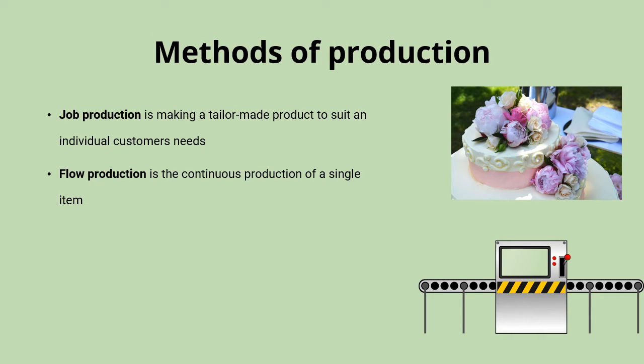They might also use flow production, which is the other end of the spectrum in terms of how individualized the product is going to be. With flow production, you're doing continuous production of pretty much a single standardized item. Maybe simple supermarket ready meals, or very standard models of car manufacturing, would use flow production.